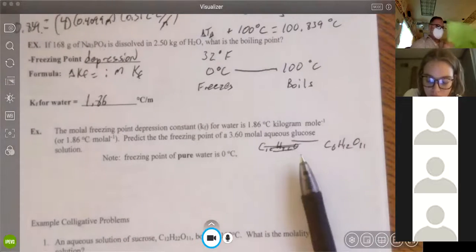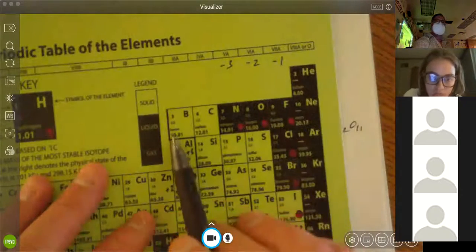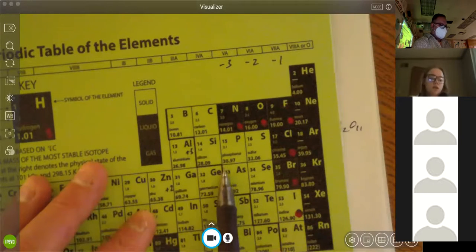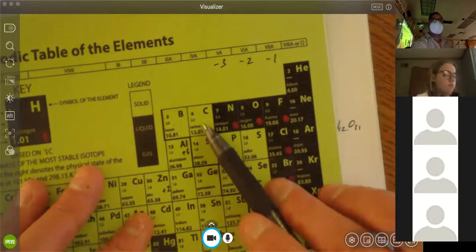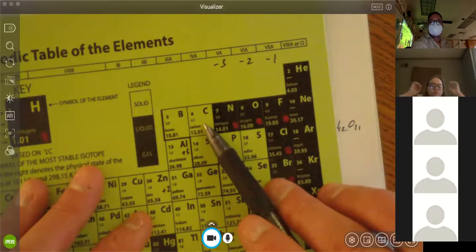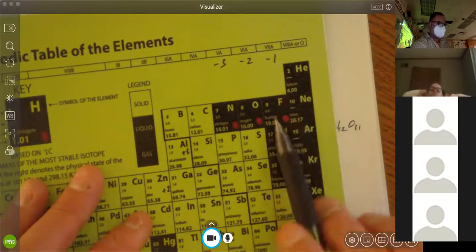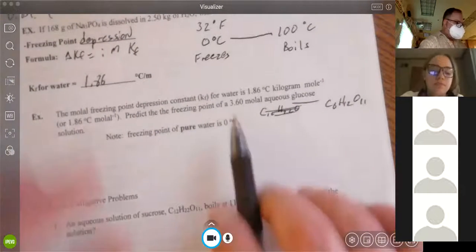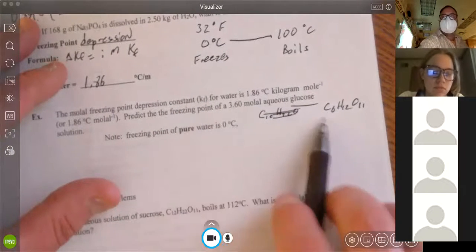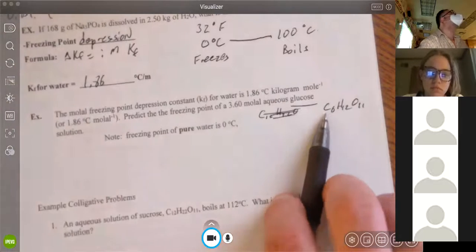So if you recall this little line right here that separates our metals and non-metals. Is carbon on the metal side or the non-metal side of that line? Non-metal side, right? These are skills that you guys should have acquired by now. You got to be able to look at that and say carbon, not a metal.